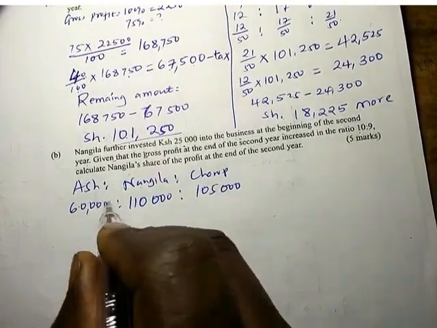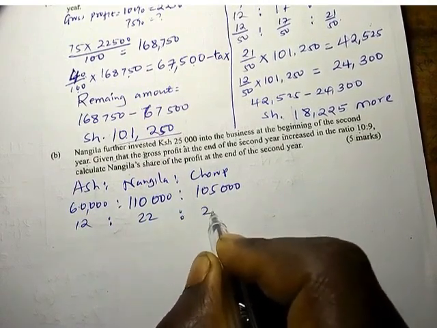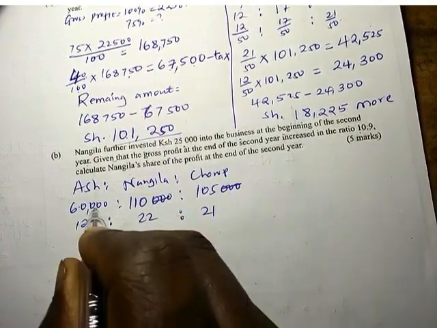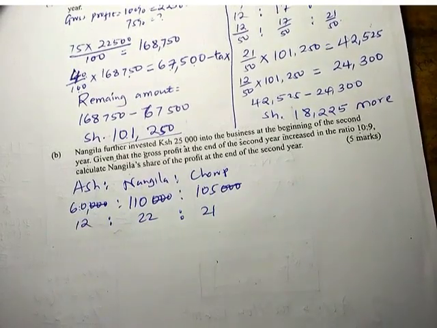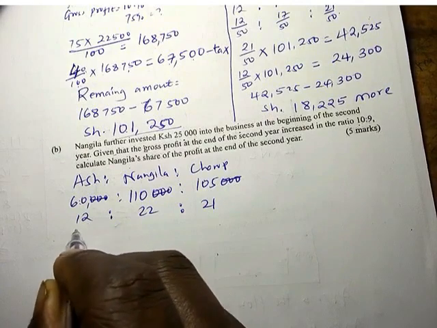So the new ratio will be 12 to 22 to 21 when you remove these zeros and then divide by 5.